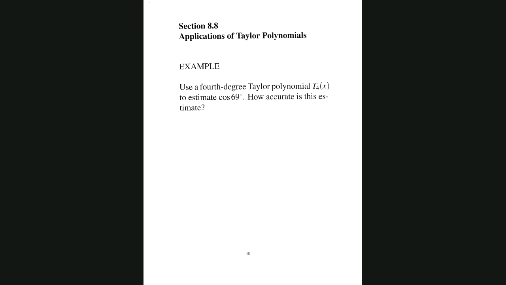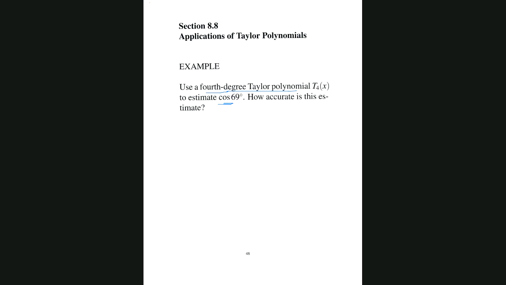Okay, so in this problem, we want to use a fourth degree Taylor polynomial to estimate the cosine of 69 degrees. This is an application that you haven't seen yet of a Taylor polynomial.